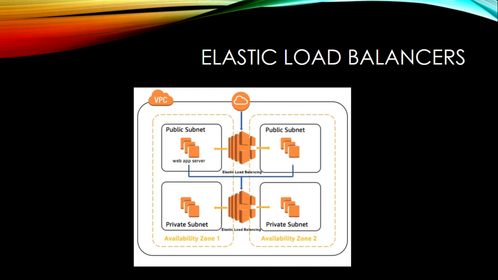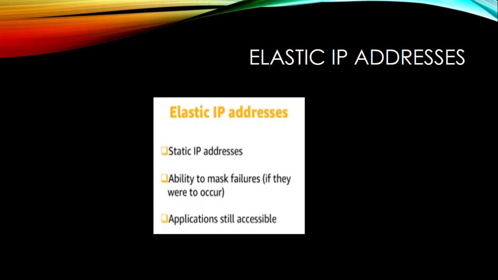Next, we can see the elastic IP addresses. Elastic IP addresses are useful in providing greater fault tolerance for your application. The elastic IPs are static IP addresses designed for dynamic cloud computing. That's the key, right? Static IP addresses designed for dynamic cloud computing.